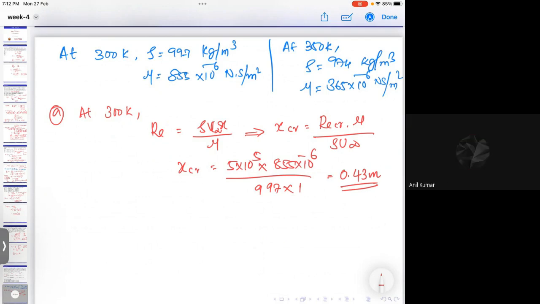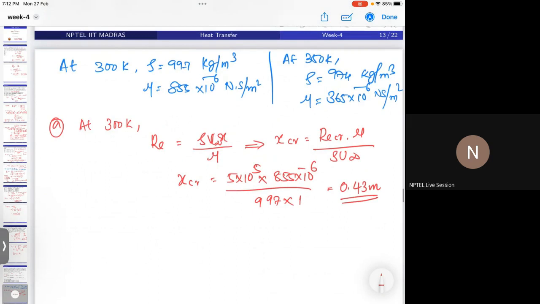You can either do like that. First, you can check the Reynolds number over the entire length. You will get that it is above 5 into 10 raised to 5, right? So then you have to find out the critical length. Okay, that way is the right way because I just skipped that step.